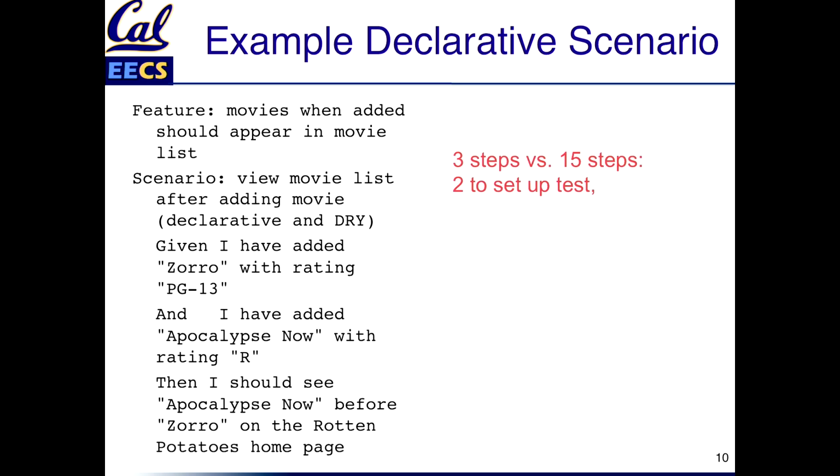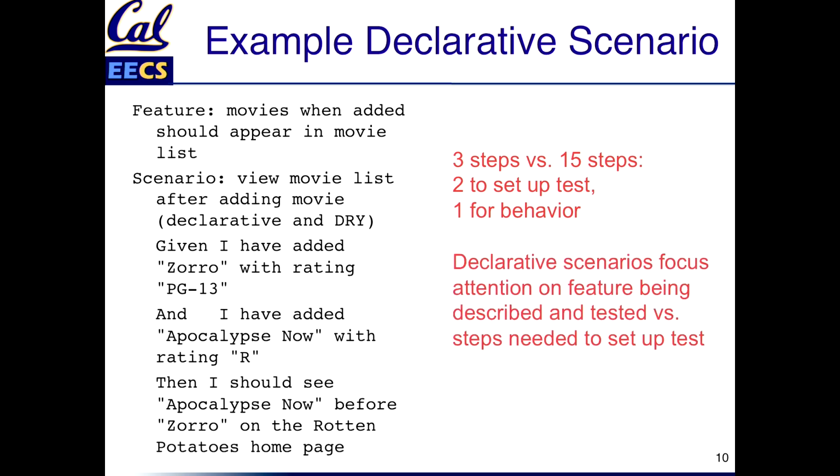That's a lot better, right? That's 3 steps versus 15 steps. One of those 3 steps is behavior, only 2 to set up. So again, declarative scenarios are focused on the behavior being tested rather than the steps needed to set up the test.